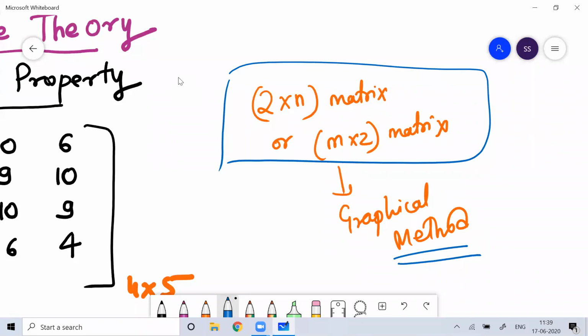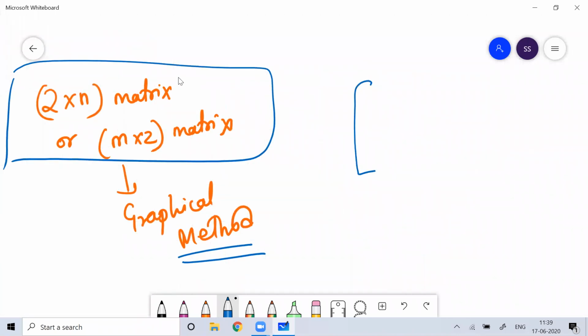But under a certain scenario, you can see that the problem is not a 2 by 2 matrix where you can apply p1 p2 to solve the problem, neither can the problem be solved by using the graphical method.